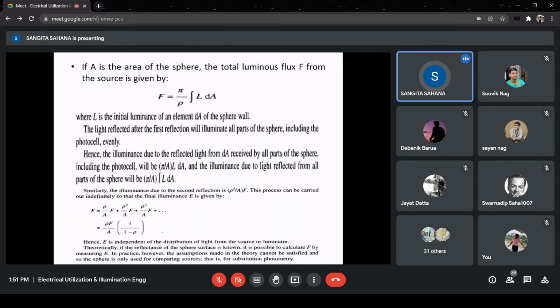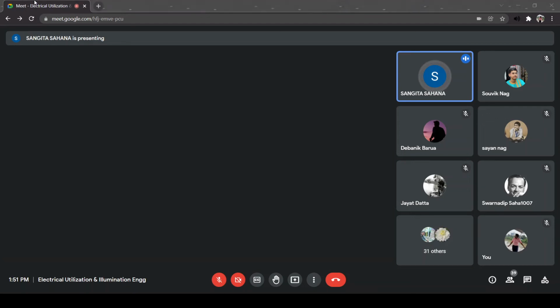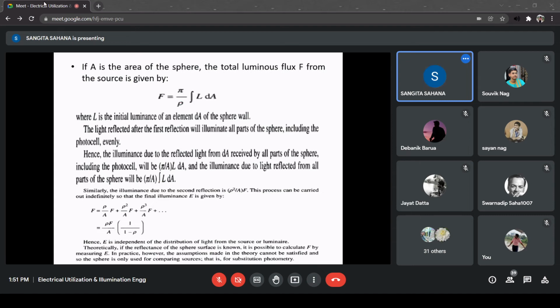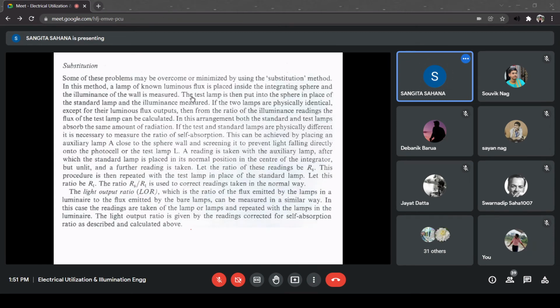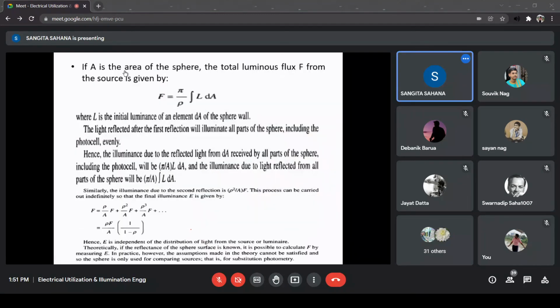Okay, then the next point, amount of light. So the total luminous flux from the source, we know that L is the initial luminance, A is the sphere wall area, rho is the reflective property of the inside wall.